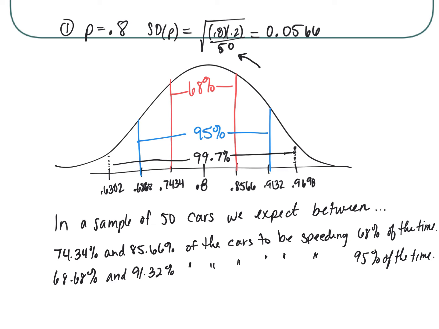And we expect between 63.02%, oops, let me put my lower number on there first, sorry, and 96.98% of the cars to be speeding 99.7% of the time. So this is what we expect to get as our sample proportion in a sample of 50 cars.